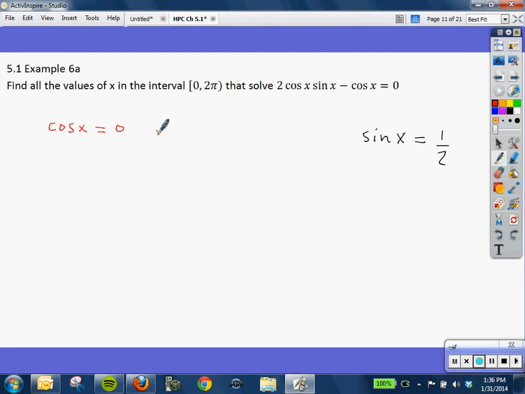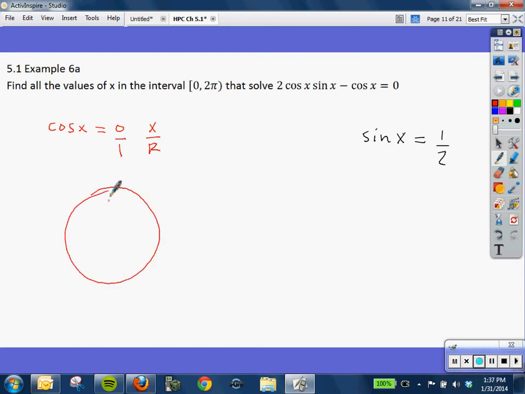And the first thing I think of is, what's my definition for cosine? Cosine's definition is x over r. And we can relate that back to 0 here, with the x being 0, and then the r value would be a 1. So where do we have x 0, r 1?